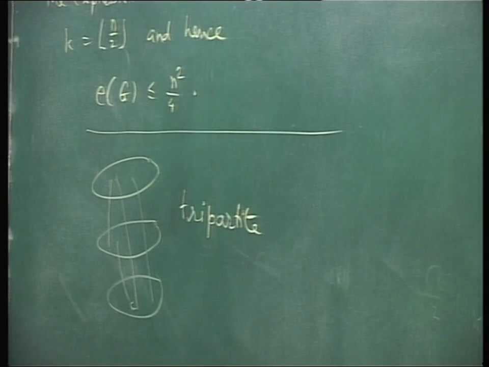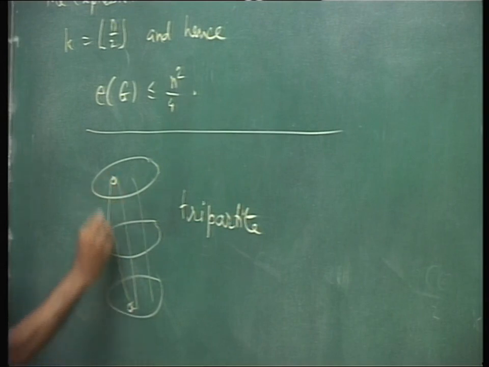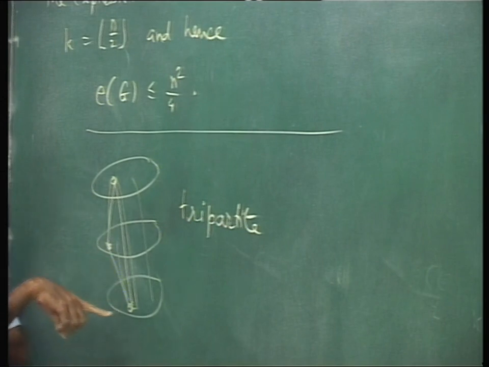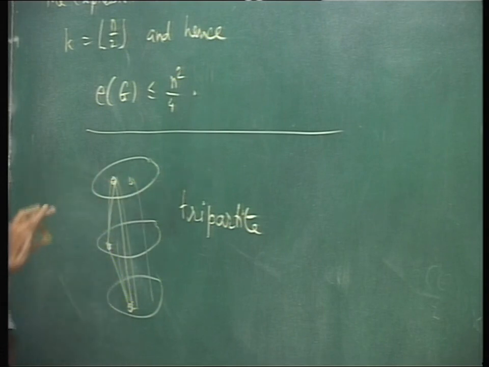This will allow a formation of K3, but it will not allow formation of K4. That's clear, because to get 4 vertices, I must have adjacent vertices, one vertex from here, one from here, and one from here. This forms a triangle. But to get a 4th vertex adjacent to all of them, it cannot be in any one of these parts, because this vertex and this vertex are not adjacent to each other by definition. That is the definition of a tripartite graph.